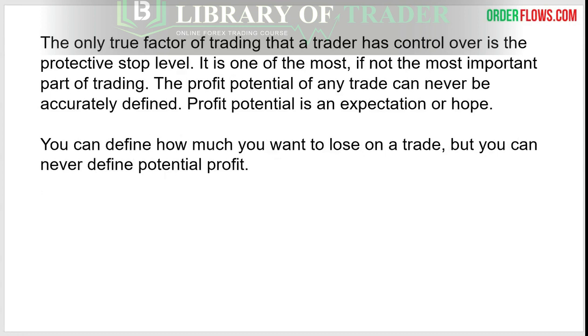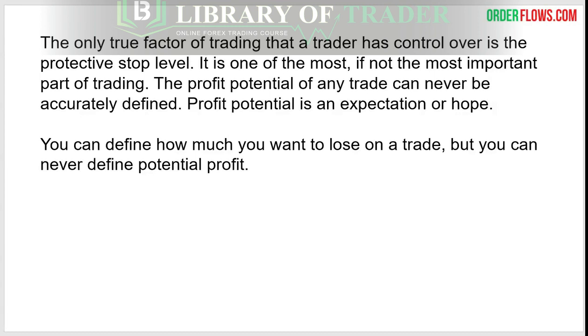Now, the only true factor of trading that a trader has control over is the protective stop level. It's one of the most, if not the most, important parts of trading. The profit potential of any trade can never be accurately defined. Profit potential is an expectation or hope. You can define how much you want to lose on a trade, but you can never define profit potential.